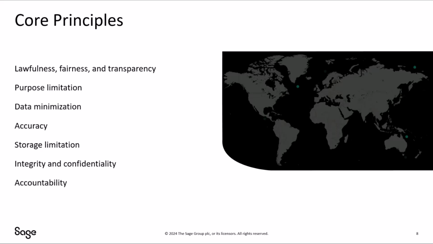So if you are keeping information about a person, they have a right to know what information you're keeping about them. And also, data should be collected for specific, explicit, and legitimate purposes. So there has to be a reason that the customer understands why their personal data is being held and processed.